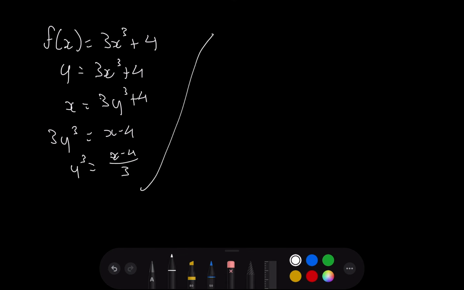Lastly, what you need to do is cube root everything. The cube root of y to the power of 3 is simply going to be y, and now we are left with y by itself. And then you cube root the rest of the function, which is x minus 4 divided by 3.